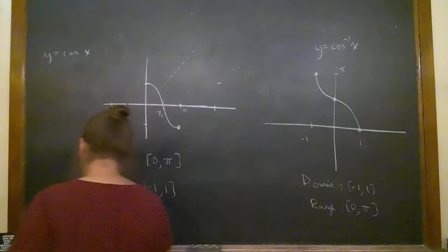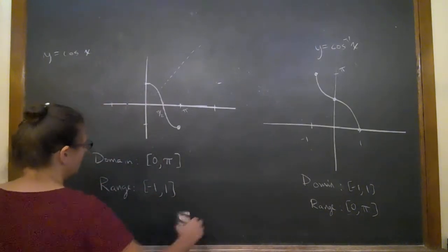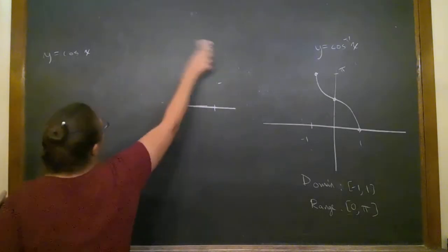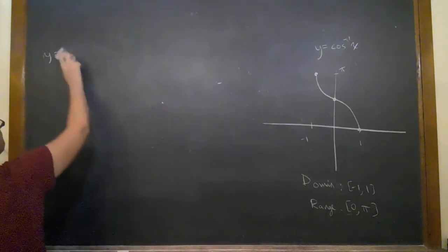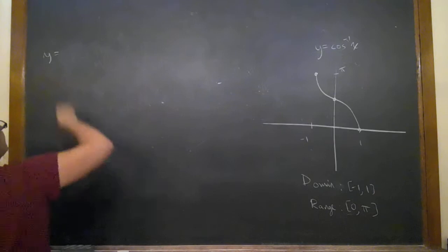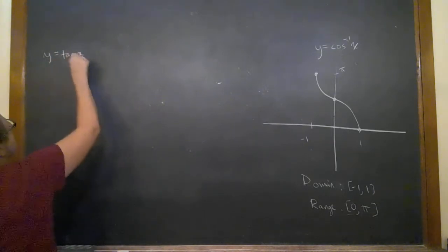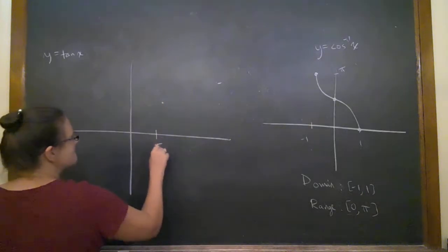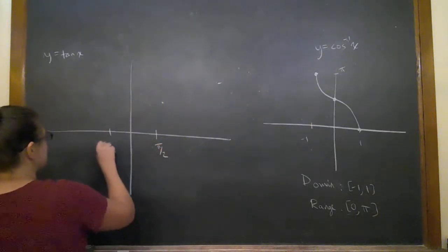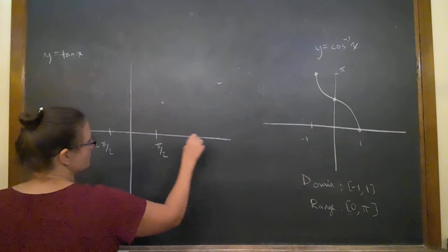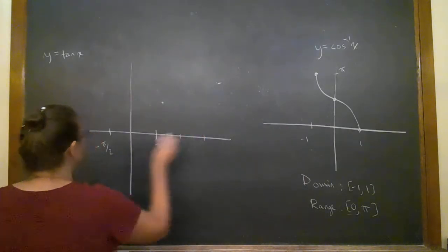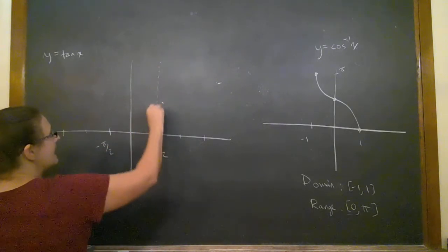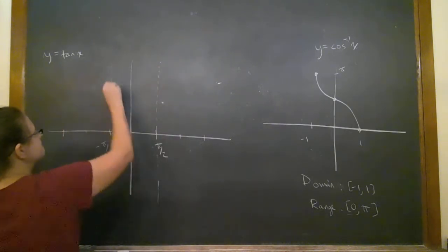So that's sine, cosine, and of course, my last one is tangent. Okay, so tangent of x. Again, tangent is sine over cosine. Right, so boom, boom, boom, boom. It's got these asymptotes.